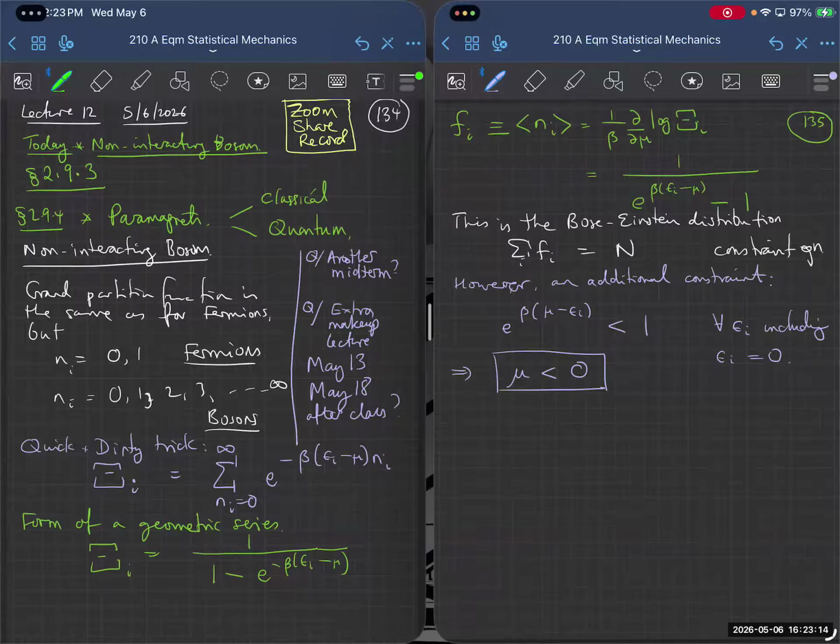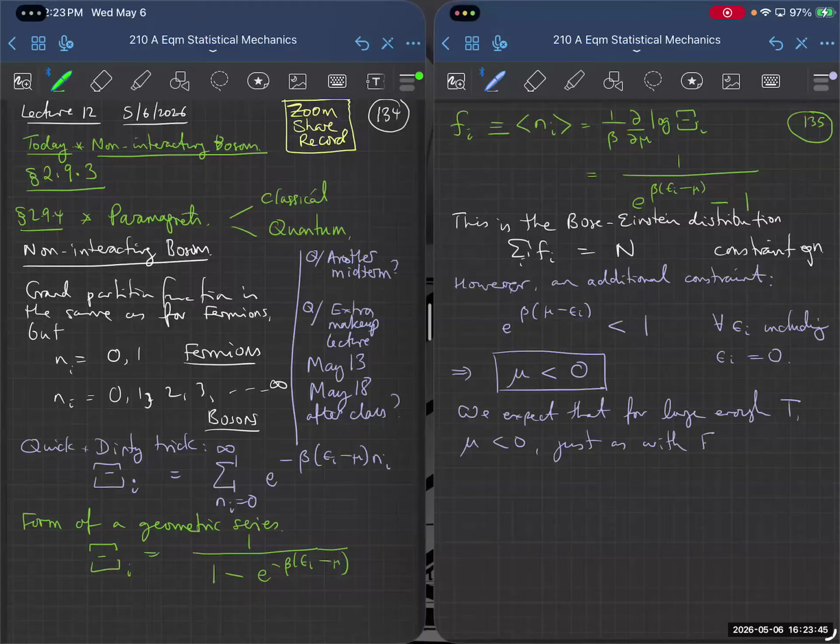Remember what happened for the Fermi-Dirac distribution. I showed you the numerical solution of that, the chemical potential started off as being positive and then gradually became negative for large temperatures. So here we expect the same thing: that for large enough T, mu will be negative, just as with the Fermi-Dirac distribution.